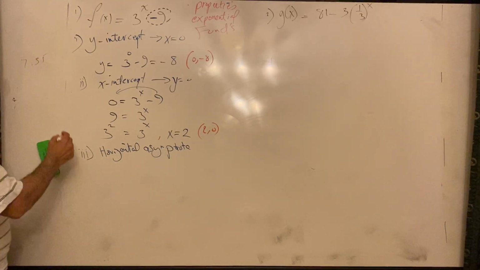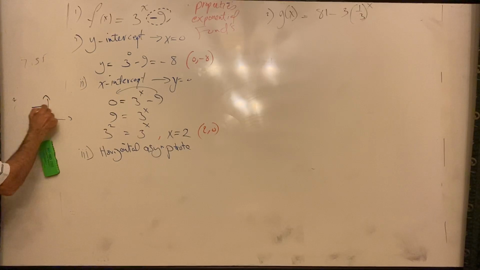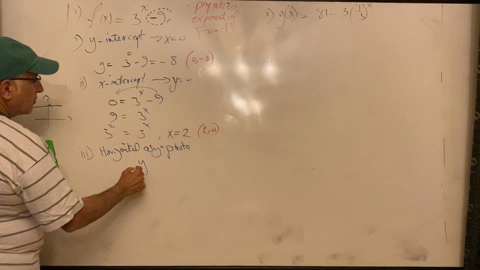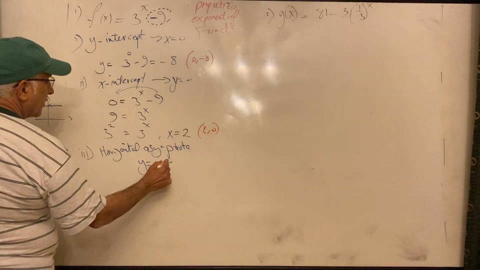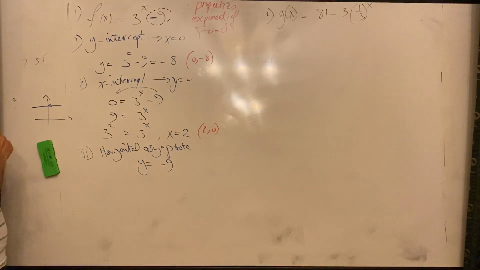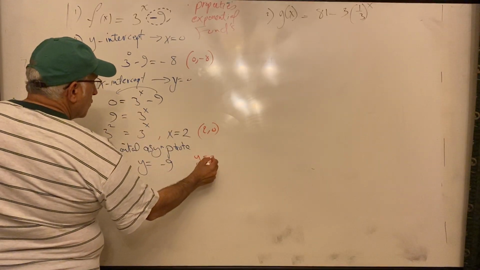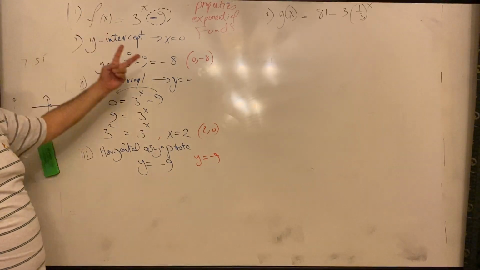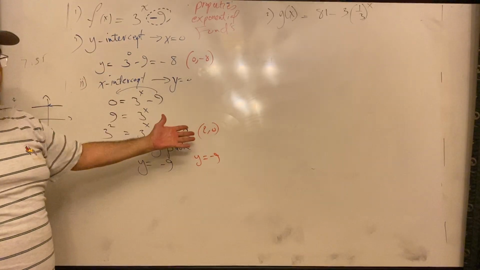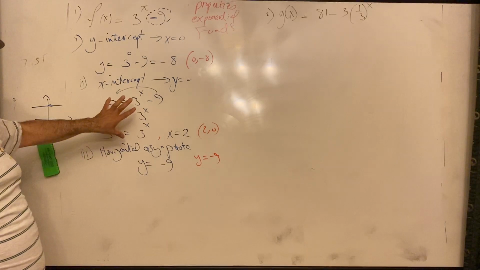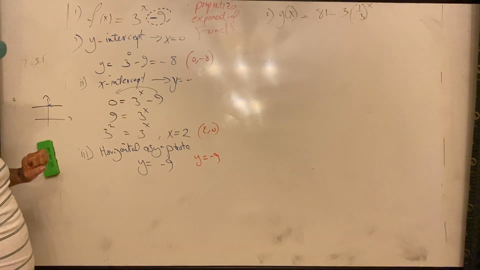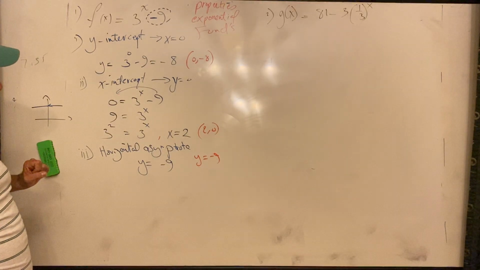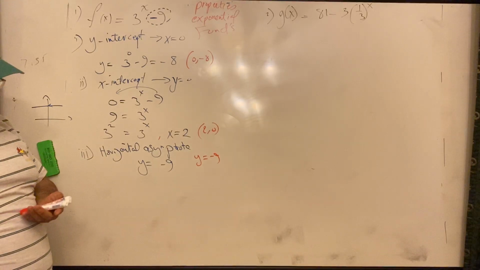Since all horizontal lines are called y equals something, the equation of that one is y equals negative 9. So far we have done three things: we found the y-intercept coordinates, the x-intercept coordinates, and the asymptote.